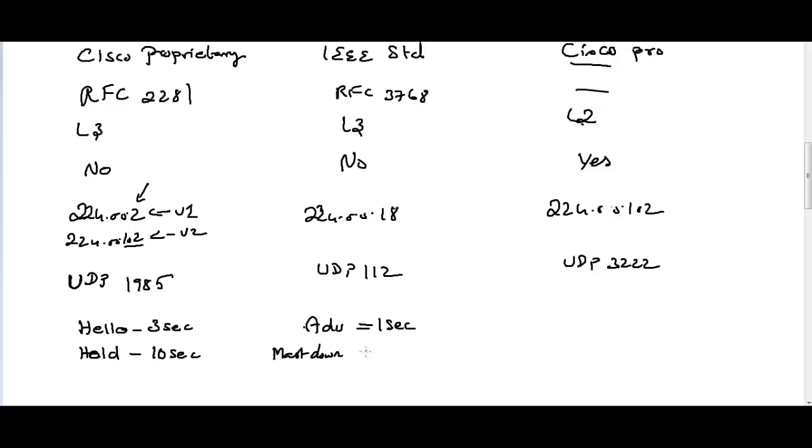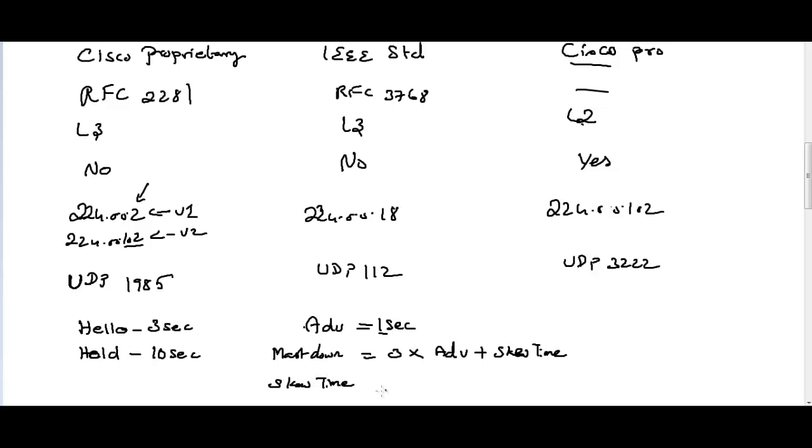The master down time is actually 3 times the advertised time, the default of which is 1, plus the skew time. Now, what is the skew time?